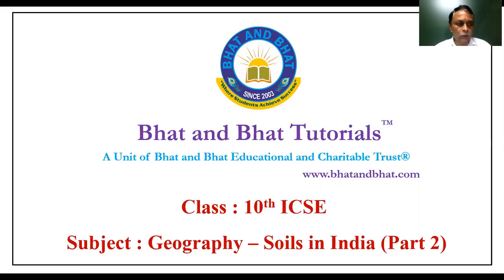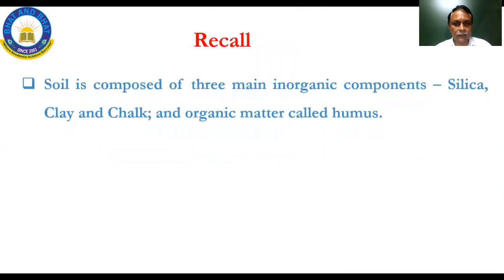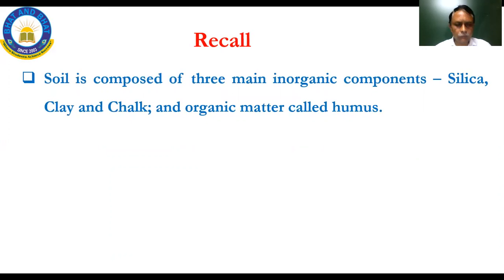So before we go to the remaining part, let us recall what we did in the first session briefly. We saw that soil is composed of 3 main inorganic components: silica, clay and chalk, and organic matter called humus.